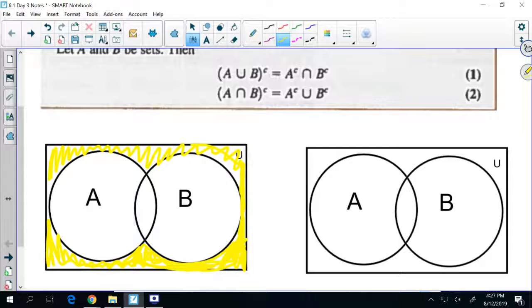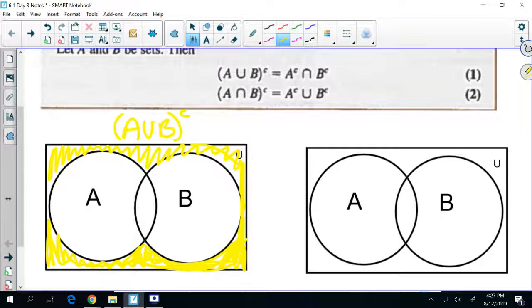So this would be A union B complement, right? So is that the same as A complement intersect B complement?